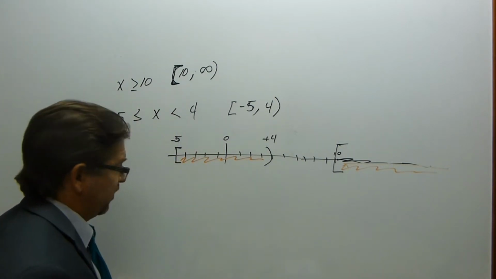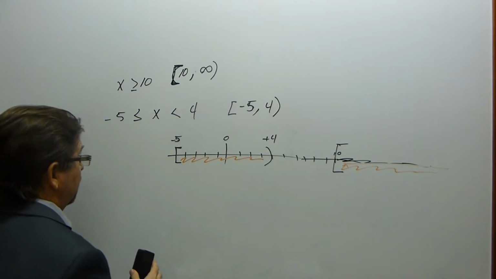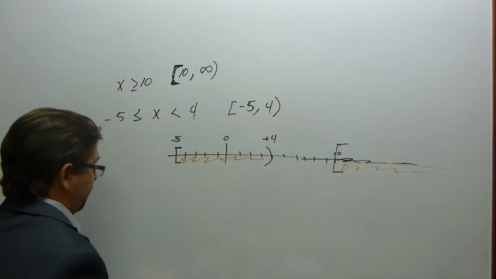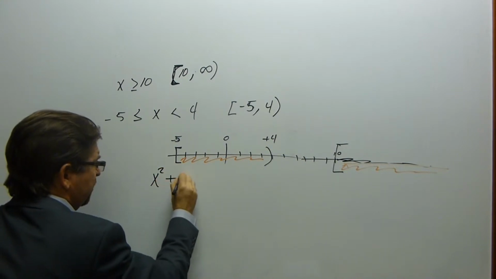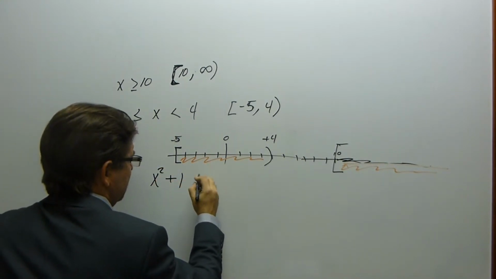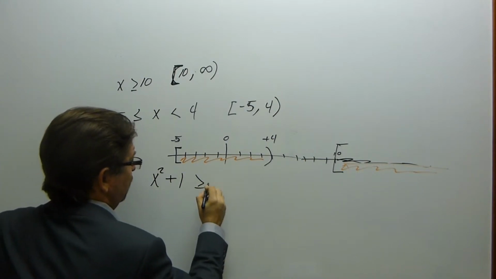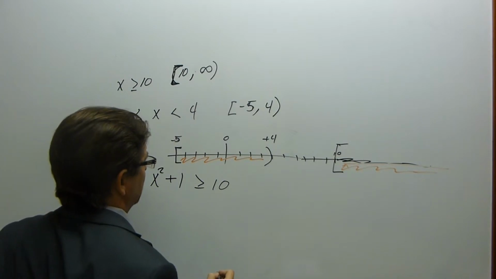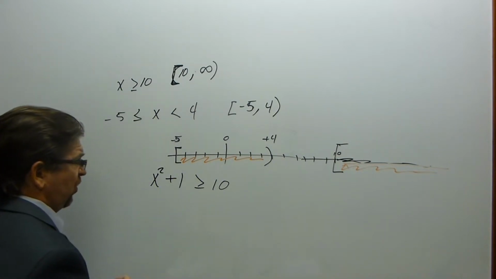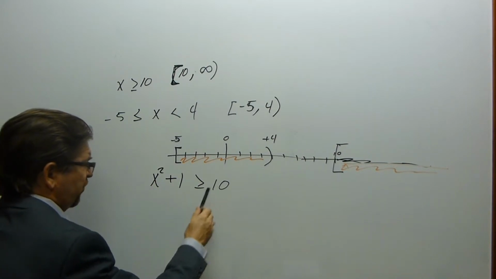Okay, let's do another example, to see if we got the feeling here. What if we have x squared plus 1 is greater than or equal to 10? In that case, I'm going to draw a whole new number line. We'll do interval notation first.